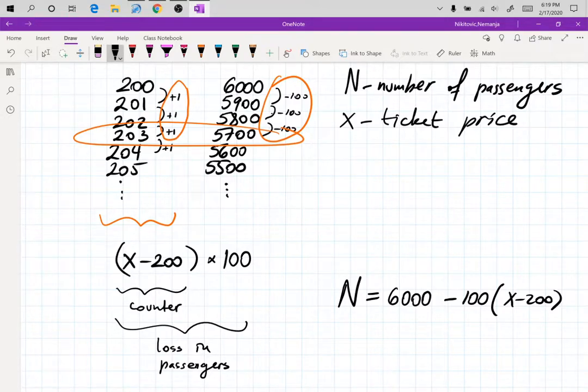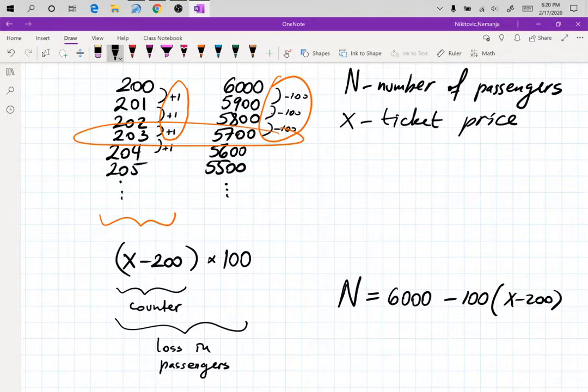6,000 people is what we would have if the price is $200. Let's check. 200 minus 200 is 0. So you are losing 0 customers if the price is 200. If the price is 201, then 201 minus 200 is 1. Do you see why I call it a counter? 201 minus 200 is 1. 202 minus 200 is 2, right?